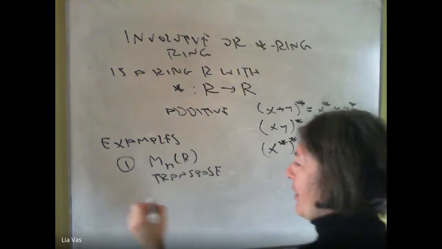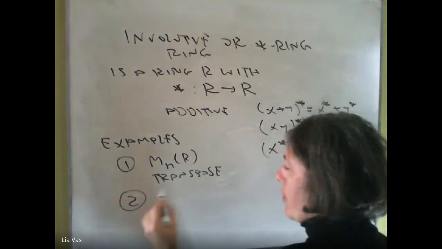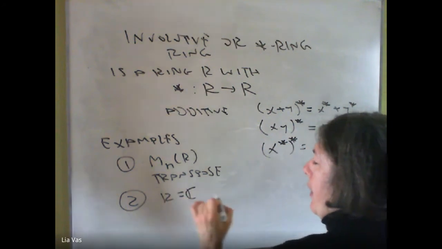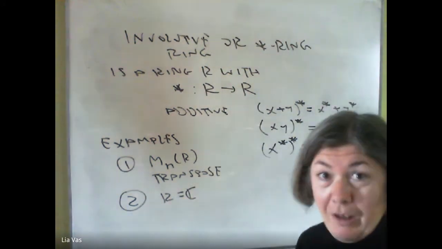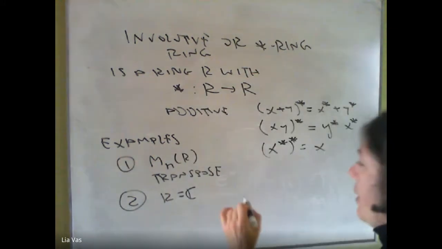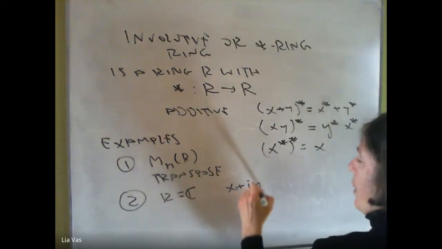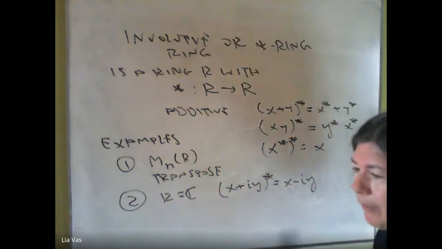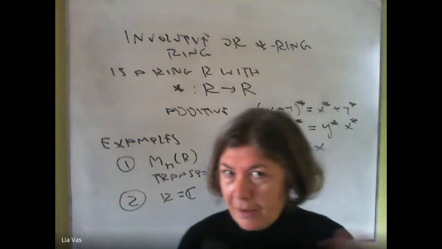Let's talk about another very famous one. If R is the complex numbers, we do have a famous involution, which is complex conjugate, right? So (x plus iy) star is x minus iy, right? A very, very important one for C-star algebras.